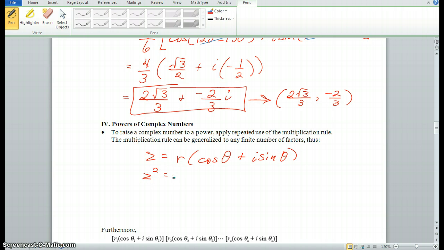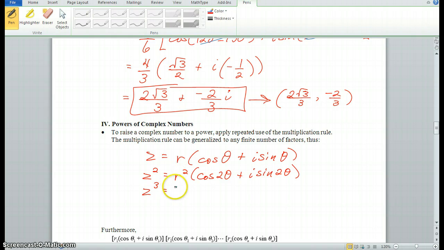So if we square the quantity, not just on the left but on the right as well, we end up with r squared. And something interesting happens in utilizing that product property that we just observed. The cosine of 2 theta is what we're going to have, plus i sine 2 theta. In other words, you're adding thetas, so you end up with 2 theta.